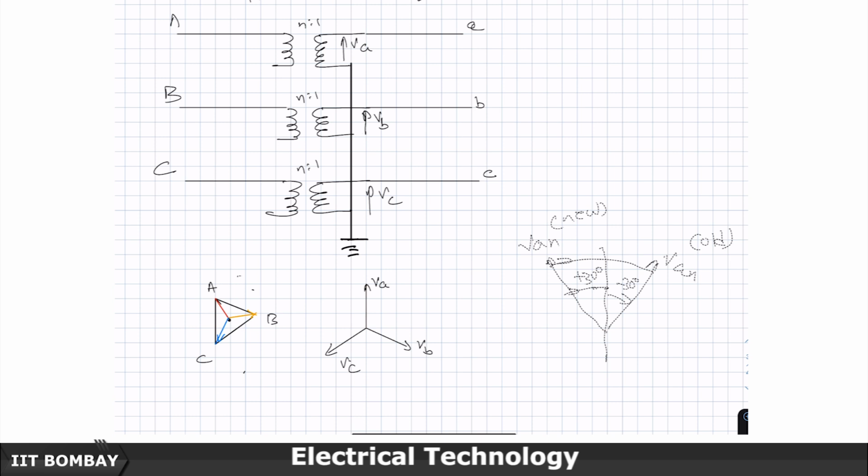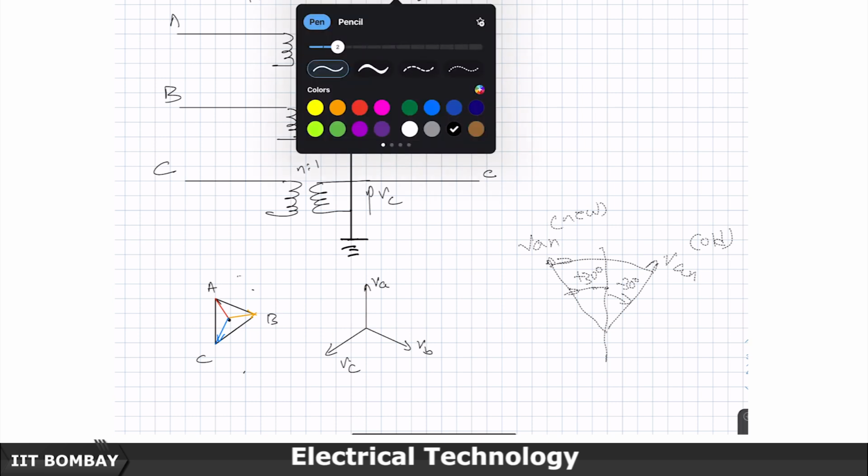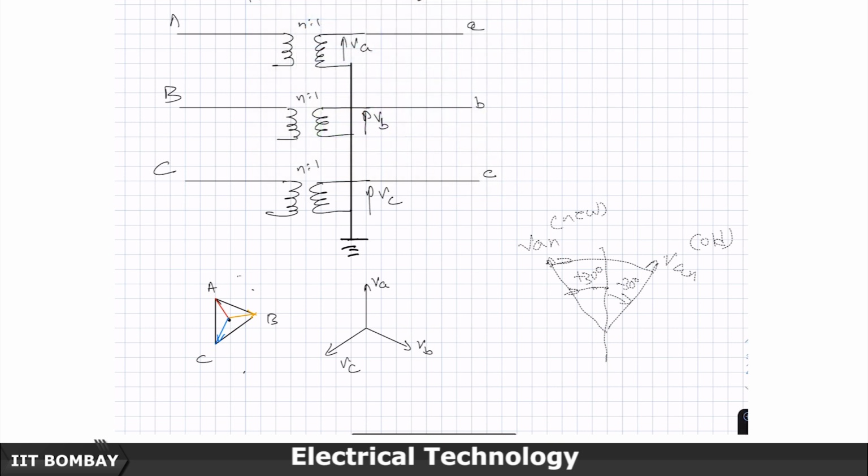So I should take interconnector and VA, this is VA, this should be capital VC. So my interconnector will start from here and connect on VC. So this is going to be my VA minus VC. If you want, I'll put a more this thing also.